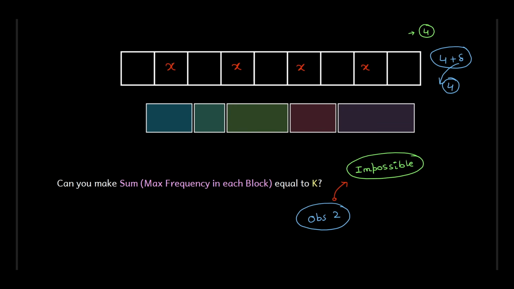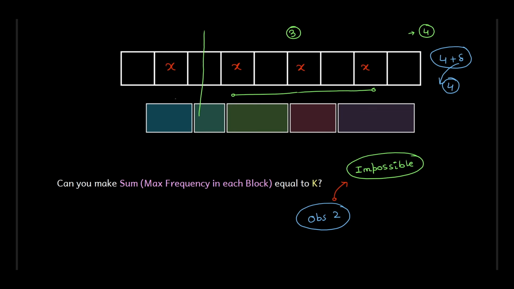You will of course have to separate out this x from this group. Once you do the separation, if these elements remain in the same window, they will now contribute 3.